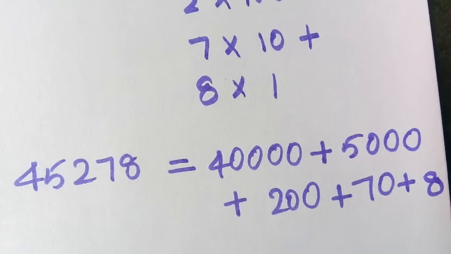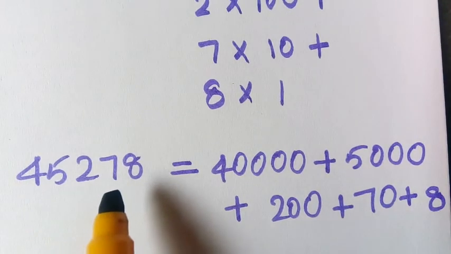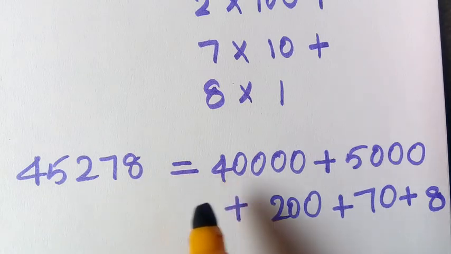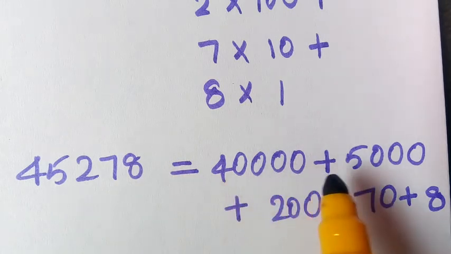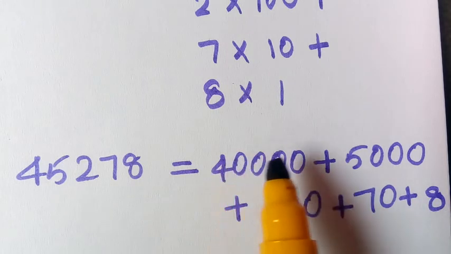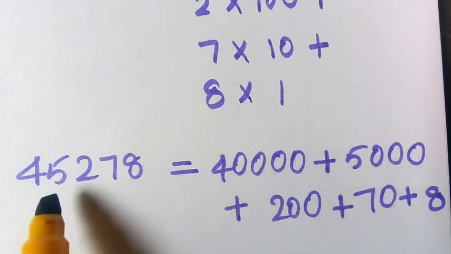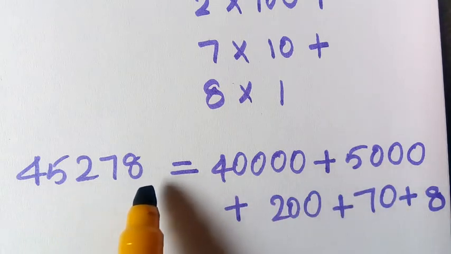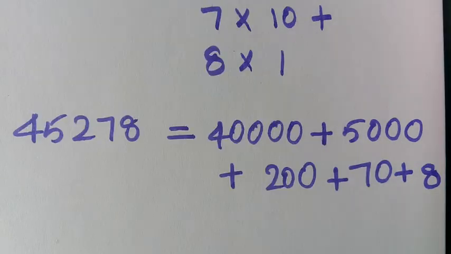So the expanded form of 45,278 is equal to 40,000 plus 5,000 plus 200 plus 70 plus 8. If you add all these numbers, you will get 45,278.